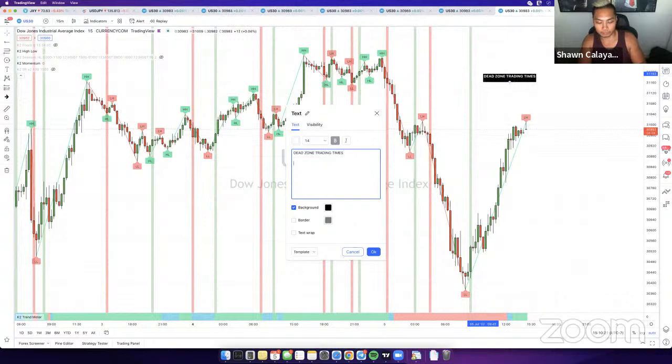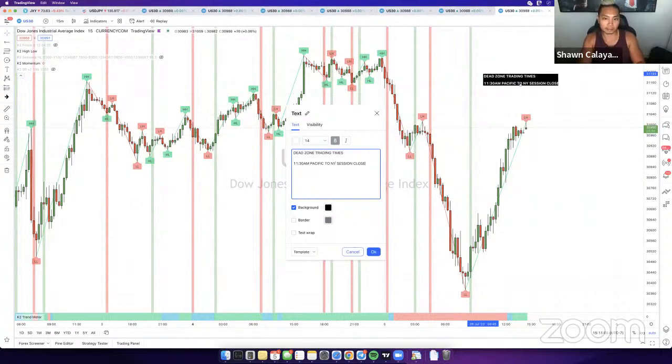So the first one is going to be New York close. You typically don't want to trade around 11. We'll just say 11:30 a.m. Pacific to New York session close.